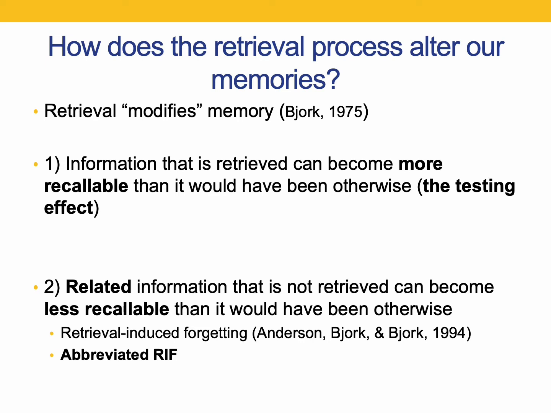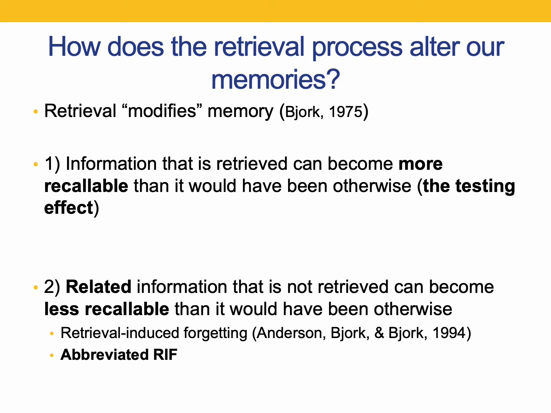So related information that is not retrieved can become less recallable than it would have been otherwise, right? So the name for this phenomenon is retrieval induced forgetting, and it's abbreviated RIF.